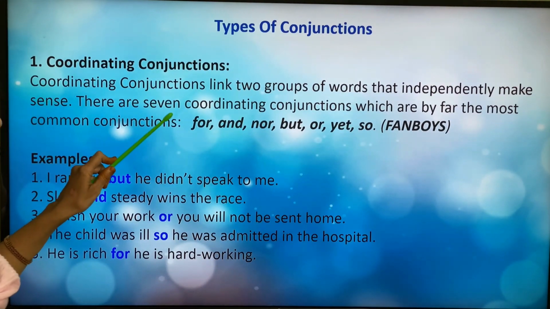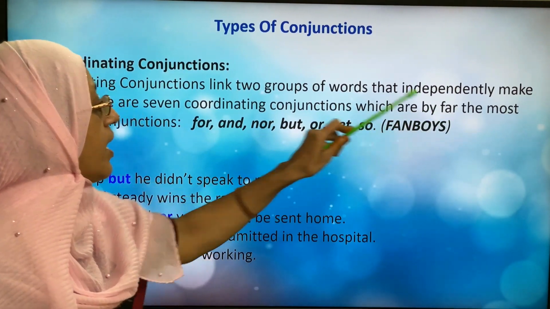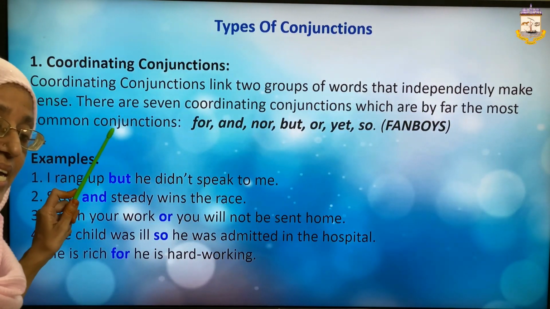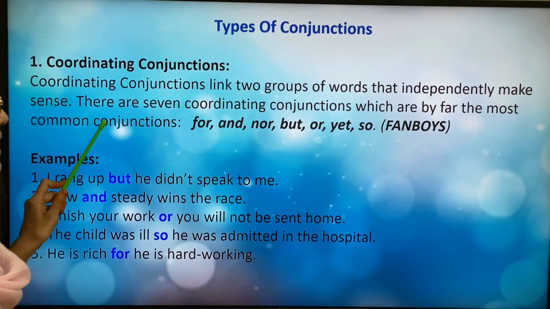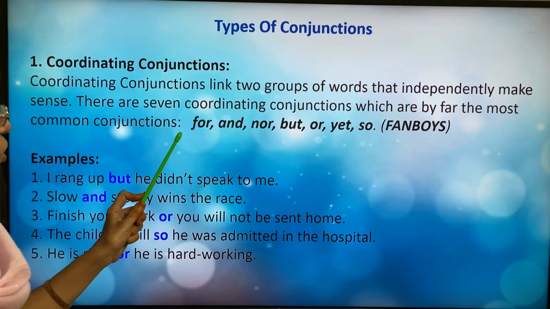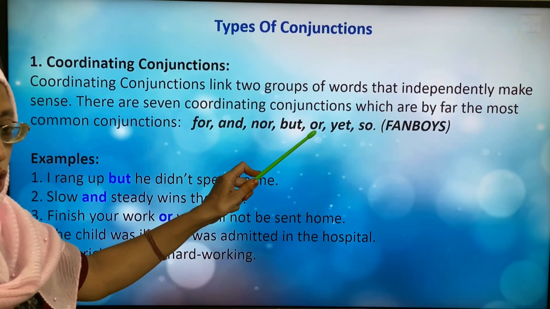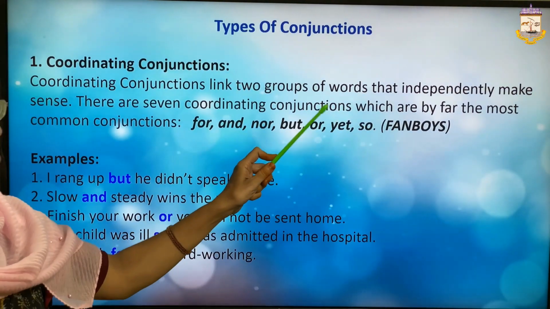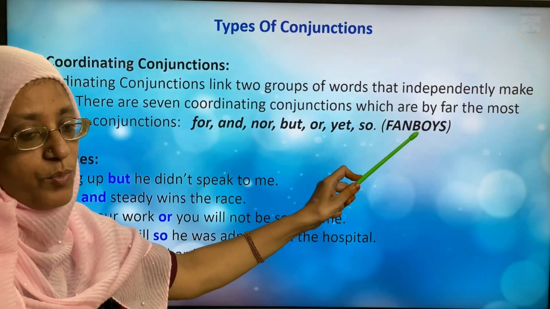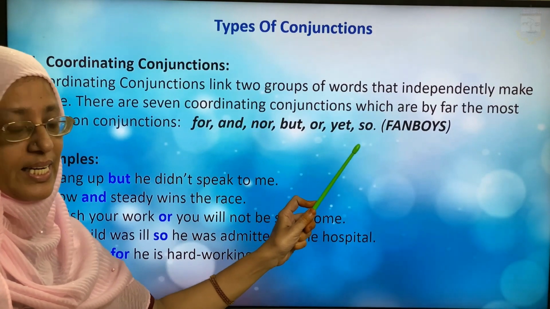There are 7 coordinating conjunctions which are by far the most common ones. The most common conjunctions for you to remember are for, and, nor, but, or, yet, so. FANBOYS is an acronym used to remember these coordinating conjunctions.